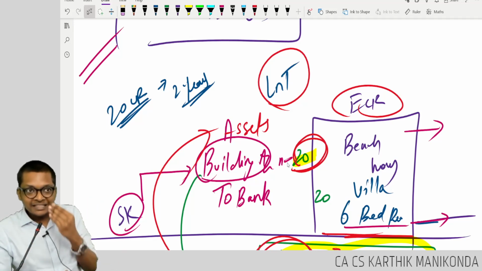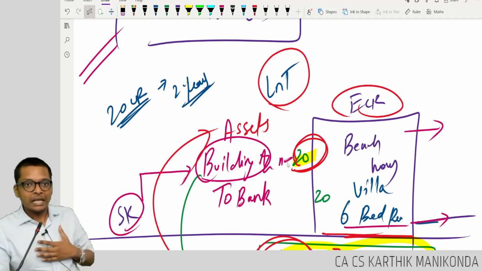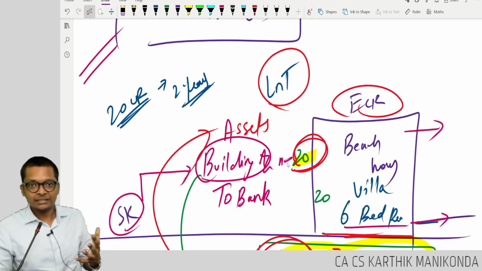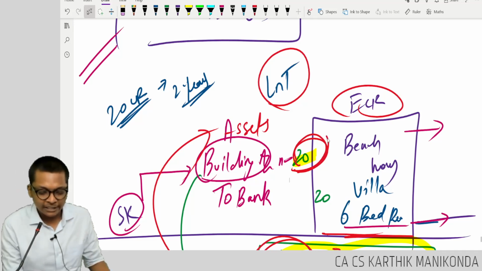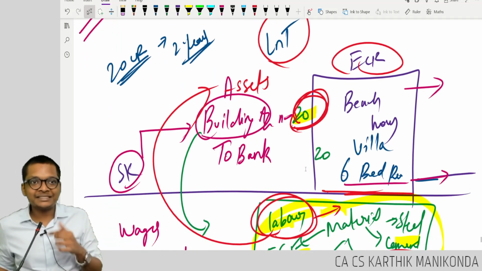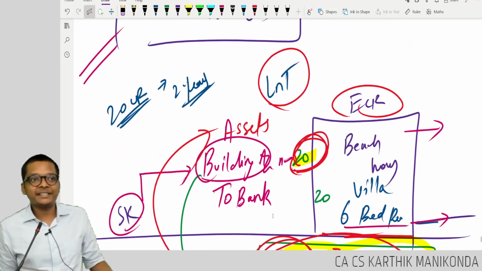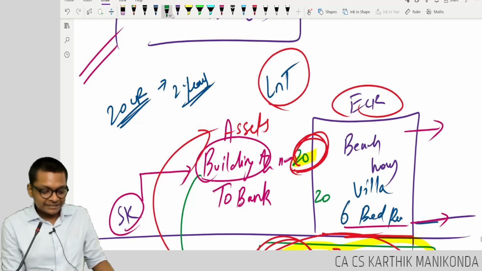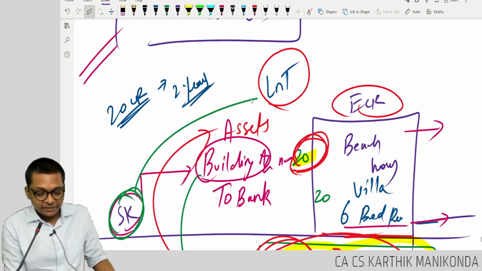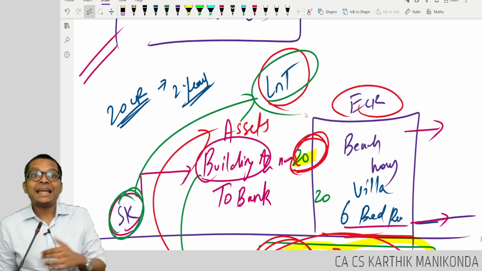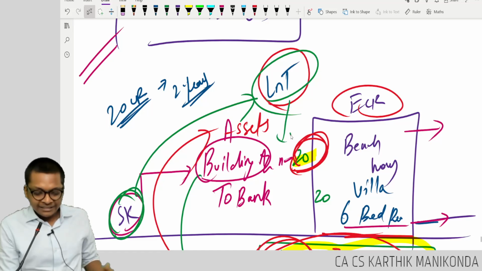Correct? That expense also I will capitalize. Yes or no, guys? Yes. That means when you see building as 20 crores, it is all the expense needed to construct. Correct? Who's incurring all this expense? Selva Kumar has paid to whom, guys? L&T. L&T only is incurring.